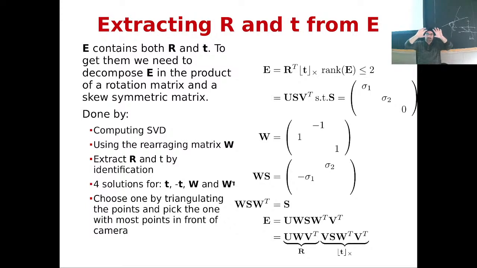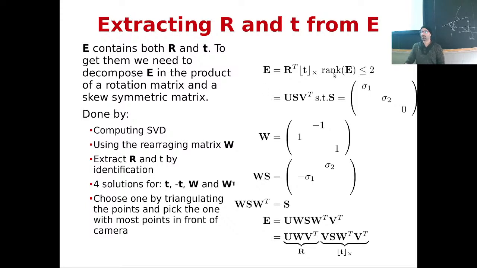I could move the two cameras along the directions without rotating them, and therefore I will have a zoomed version of the scene. So I will not be able to estimate T, I will only be able to extract the direction of T, because the scale of T is not contained in the matrix.